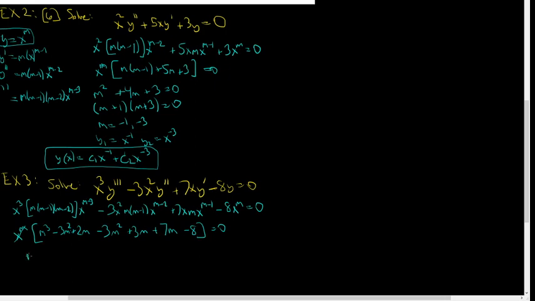And so we get a cubic equation, m cubed minus 6m squared. Right, I'm combining these two terms. And then 2m plus 3m is 5m. 5m plus 7m is 12m, plus 12m minus 8. So once again, we're solving a cubic equation here, not just a quadratic equation.